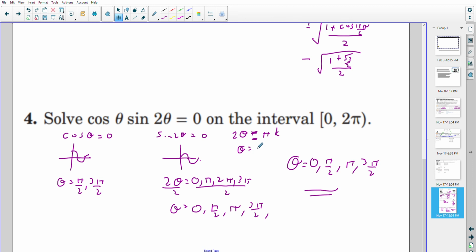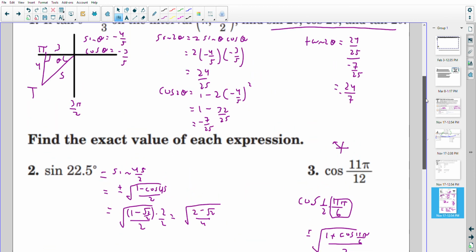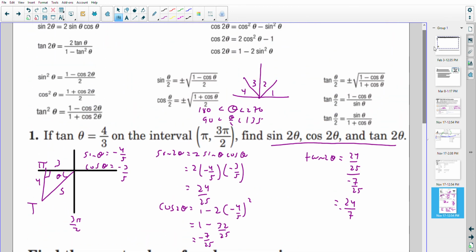So theta equals pi over 2 k, and now you can substitute in 0, 1, 2, 3, and get these particular answers over here. So a couple ways of thinking about how to get those answers. Keep those identities nice and handy, and solving the problems will be a little bit easier.